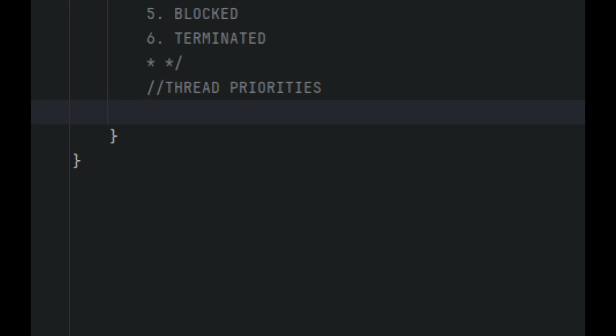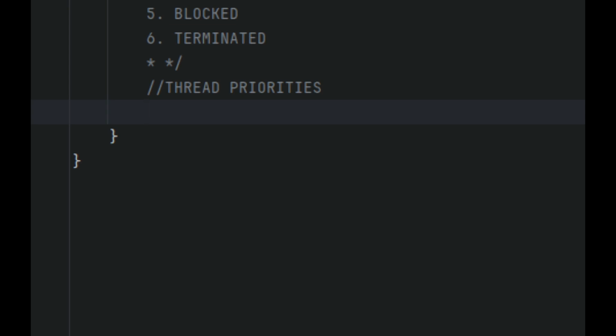Okay? I hope that is clear. So instead, we use the thread priority to decide when we are going to switch from a running thread to the next thread.